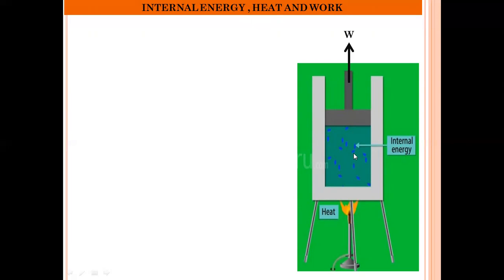Due to this, the internal energy of this gas will increase, and due to the increasing internal energy, this gas will try to push the piston in upward direction and move this piston through a particular distance and produce the work done, that is equal to W.